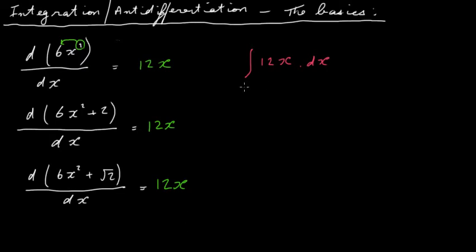So we want to find the integral of 12x with respect to x, but we already know that that's going to be 6x squared. Now the problem is, we can also get 6x squared plus 2 or 6x squared plus root 2 if we go in that direction. We can get three different answers by just integrating or finding the antiderivative of 12x.